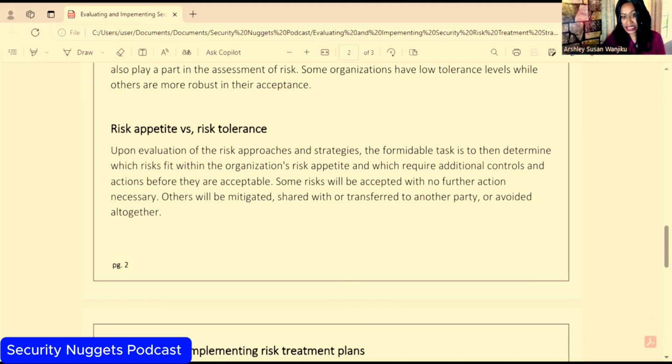Others will be mitigated, shared with, or transferred to another party, or avoided altogether. All right. This speaks again to what we have covered on risk approaches and risk mitigations. Okay. So again, depending on your risk appetite as an organization, it also very much guides you on some of the strategies that you're going to be utilizing when it comes to mitigating.